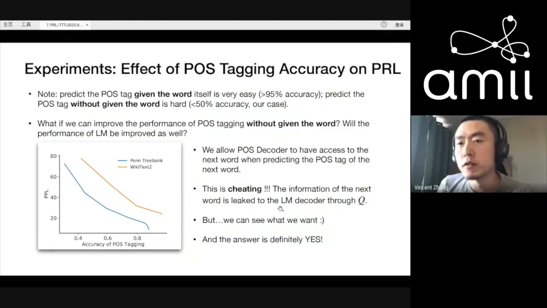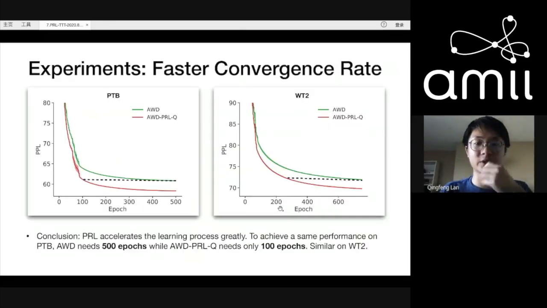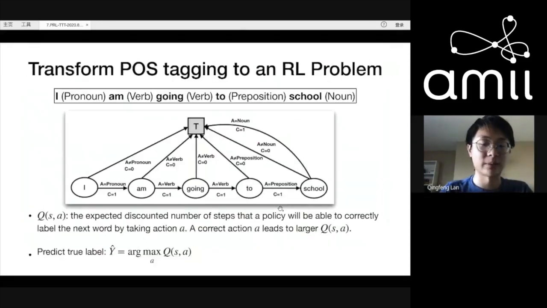Yes, so I'm just trying to brainstorm whether there would be any issue there. Because we construct a separate MDP for each sentence, I think that won't be a problem. So in the same sentence, the larger Q you have means you may have found the correct action, the correct label for that.